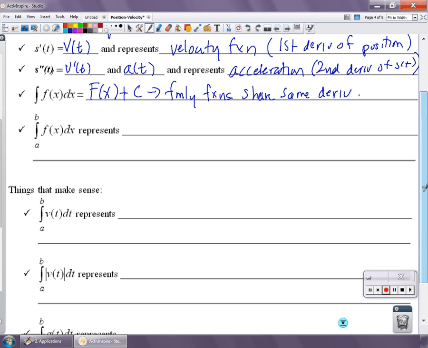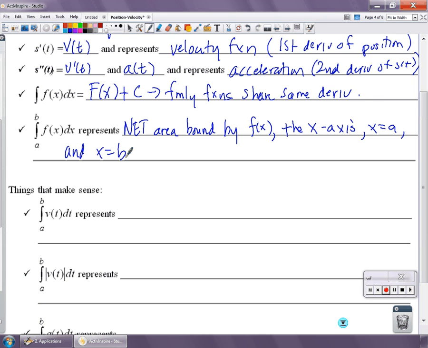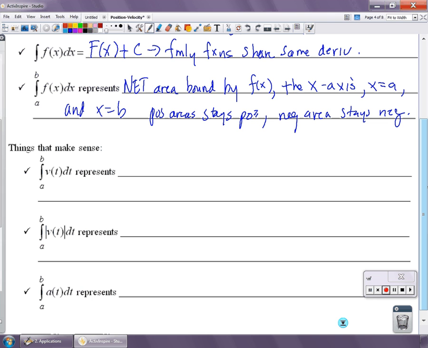When you evaluate a definite integral, it represents the net area bound by the curve f of x, the x-axis, x equal to a, which is the lower bound, and x equal to b. Remembering that in this case, for the net area, positive area stays positive, negative area stays negative. Just review things we've already done.